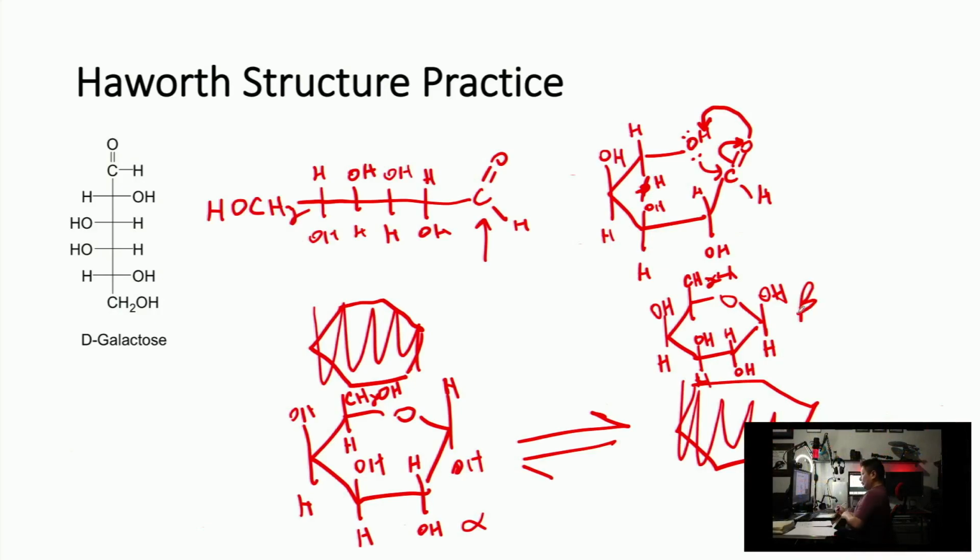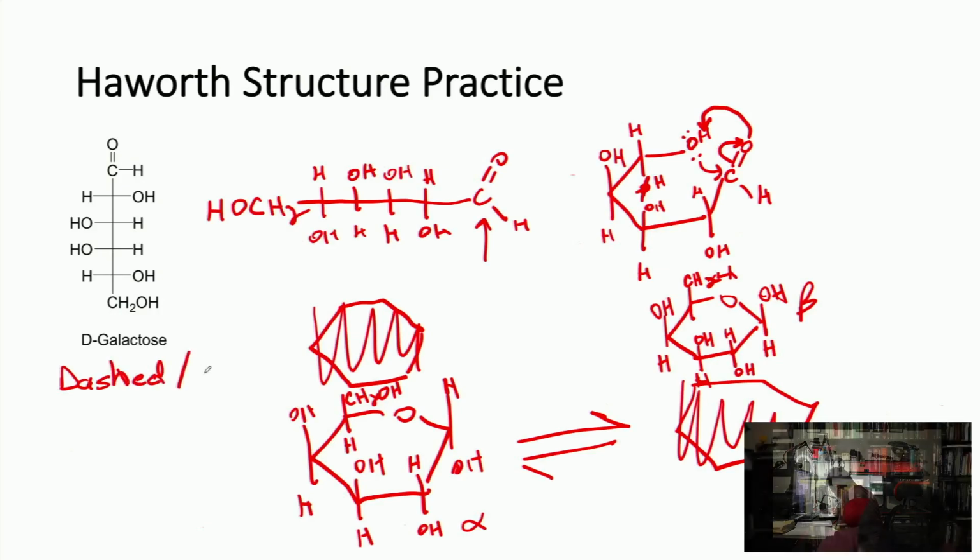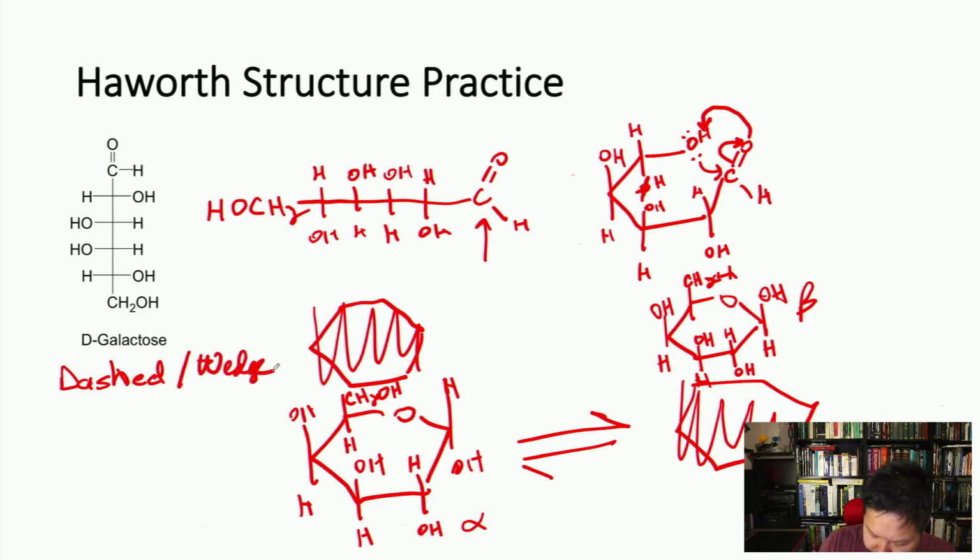Okay? It's just as easy as that to turn a Fischer structure into a Haworth structure. So just a quick review, right? It went from the dash wedge structure of the sugar, wedge structure.